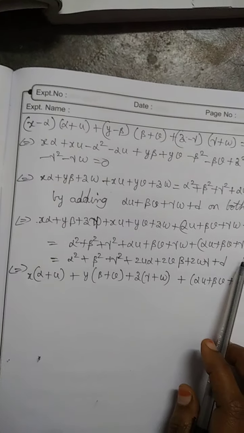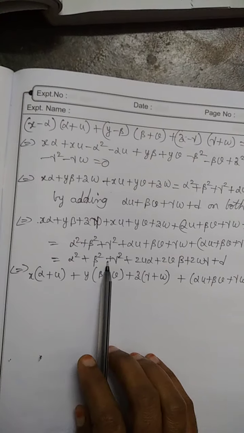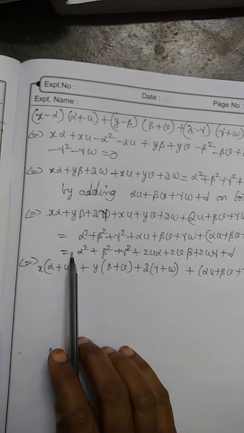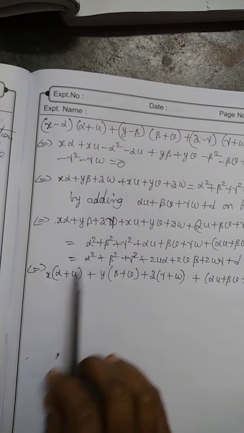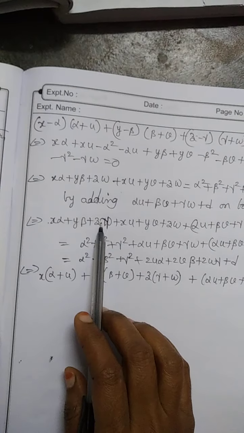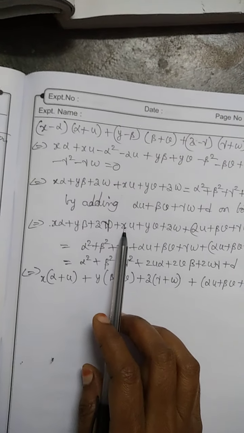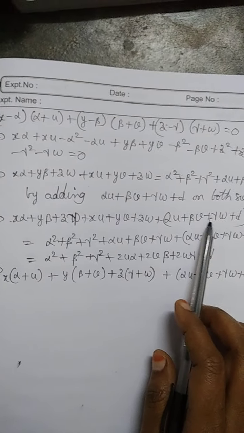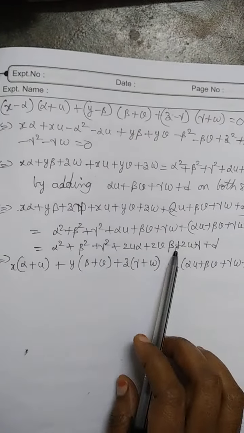This value becomes 0 because the point (alpha, beta, gamma) lies on the sphere. Therefore x alpha plus y beta plus z gamma plus xu plus yv plus zw plus alpha u plus beta v plus gamma w plus d is equal to 0.